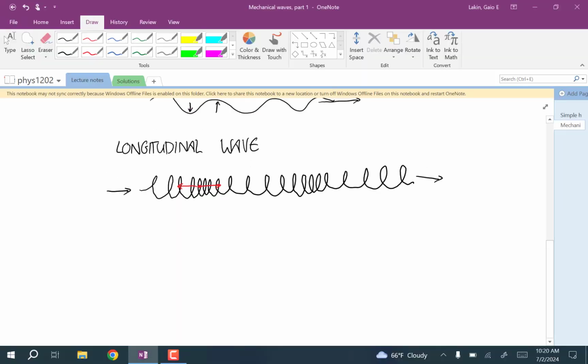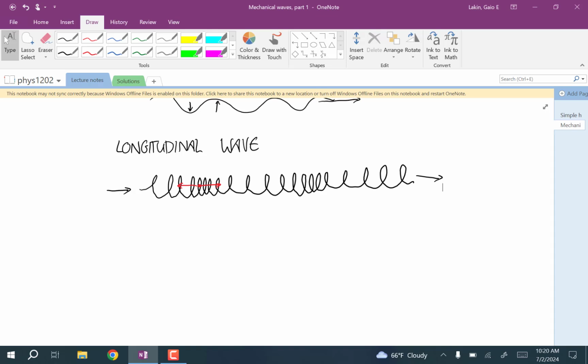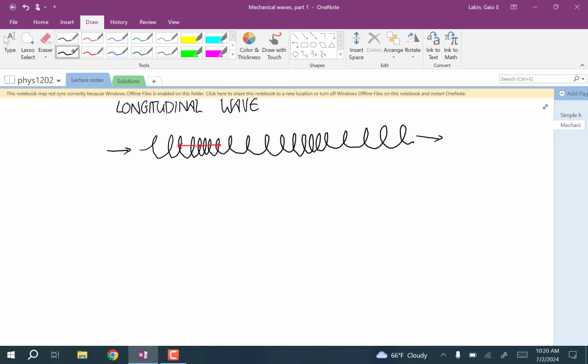So that's how transverse and longitudinal waves differ from each other. But in a lot of ways, they behave the same. And the key thing to remember about waves is all waves transfer energy through space without transferring material through space.